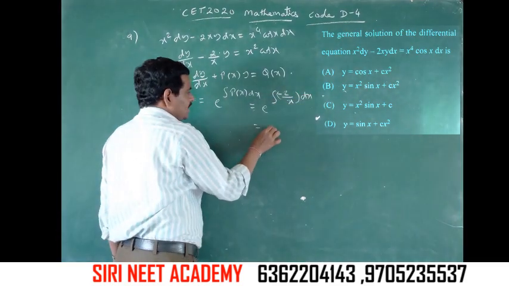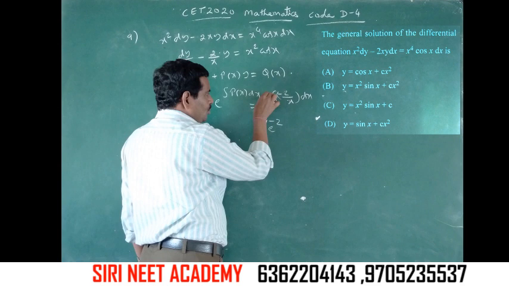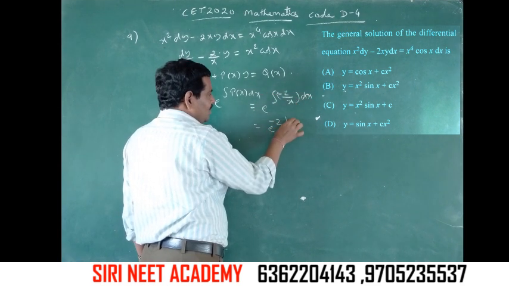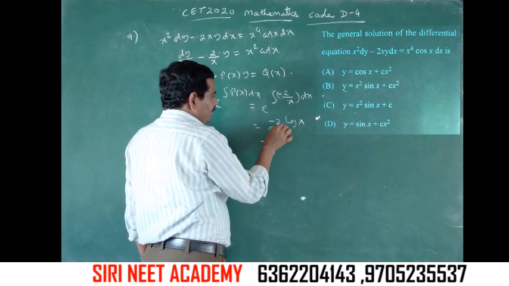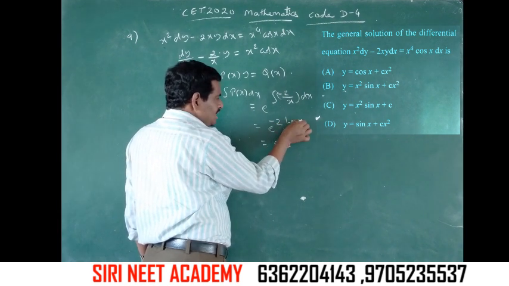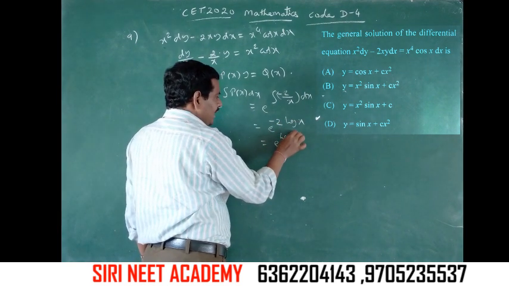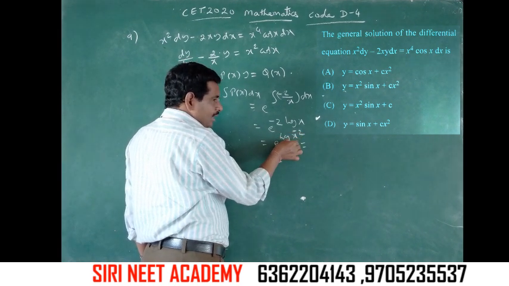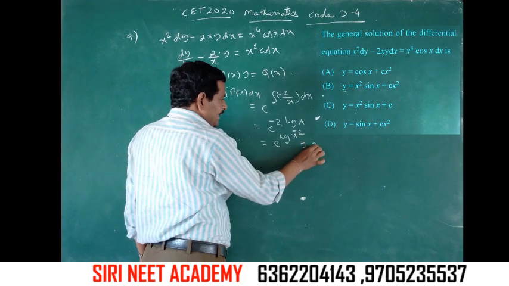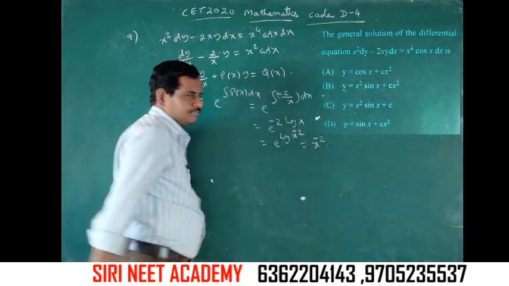It means e to the power minus 2 integral 1 by x dx, integration log x, that is e to the power minus 2 log x, which is x power log x power minus 2, so this is x power minus 2.